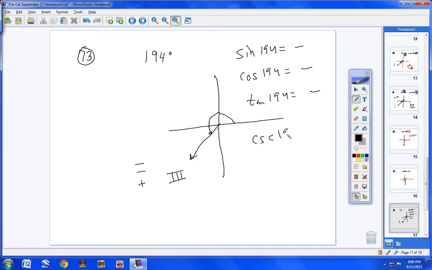Cosecant of 194 would be negative. Secant of 194 would be negative because cosine's negative. And the cotangent of 194 would be positive because the tangent of 194 is positive. That's all they want you to do, just find the correct sign.